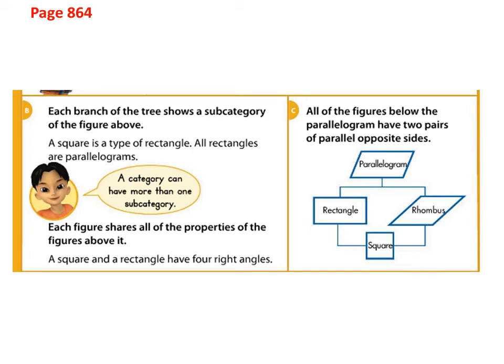Each branch of the tree shows a subcategory of the figure above. For example, the square is a type of rectangle. All rectangles are parallelograms. So, a category can have more than one subcategory.